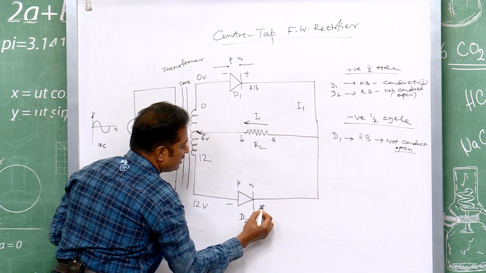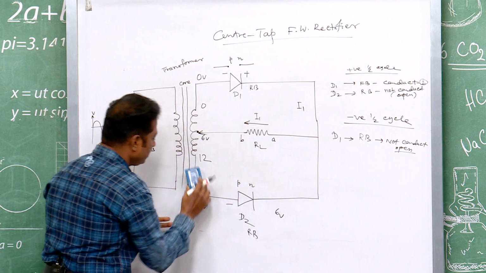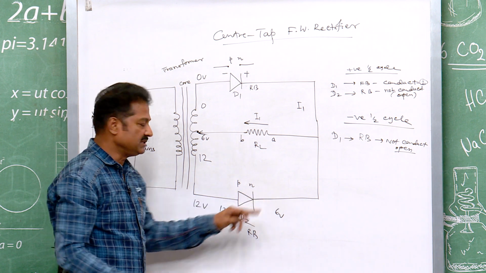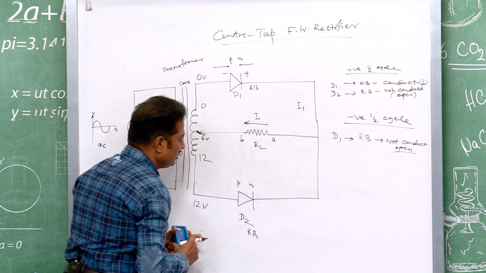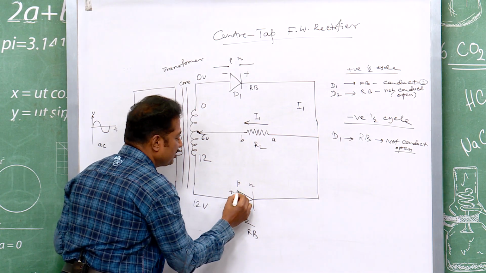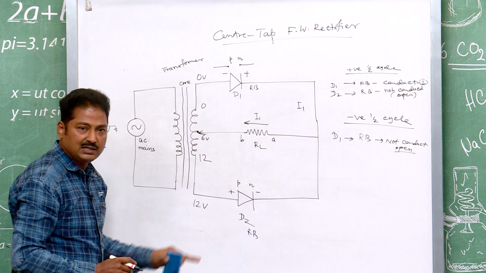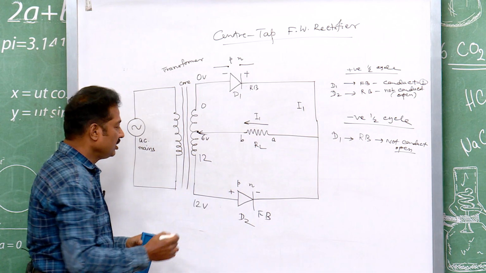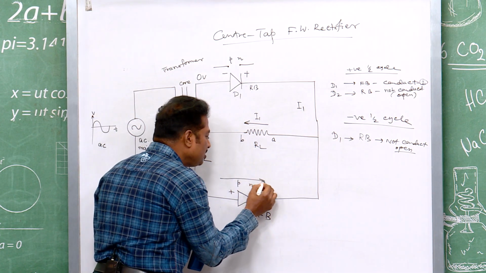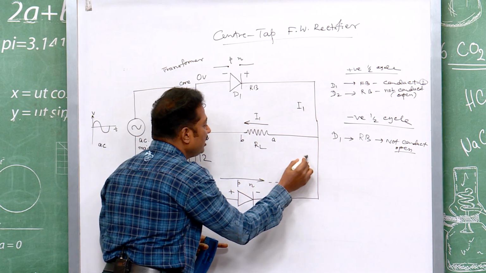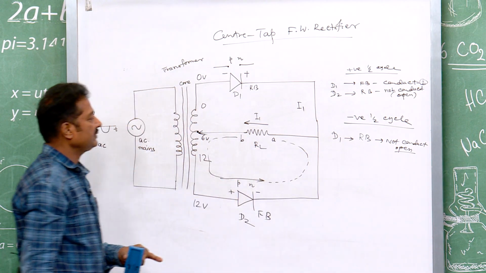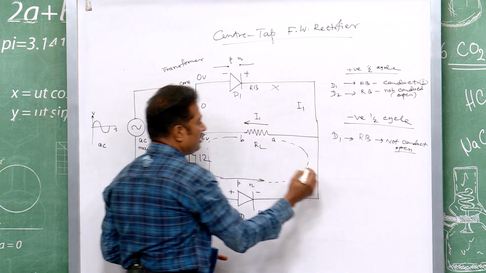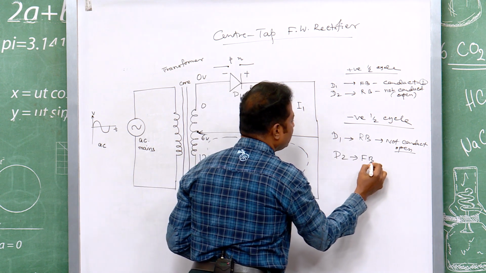D2, it is 6 on this side and on the P side this is 12 volt. You see, this is higher potential, this is lower potential. So, I can easily assign the P end to be positive and the N end to be negative. What is that biasing? That is obviously forward biasing. So, it will conduct, and it will conduct this way, P to N. Now, D1 will not conduct, D2 will conduct, because D2 is forward biased.